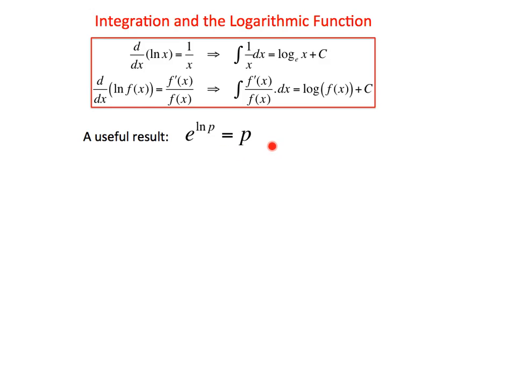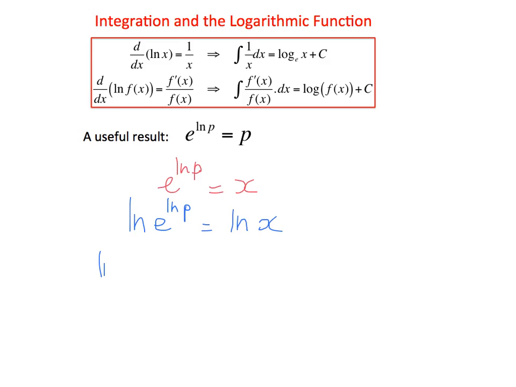Now here's another useful result, e to the power of log p equals p, and I'll show you why that is true. Let's let the left-hand side, e to the log p, equal x, and then we'll try and prove that x equals p. If we take the log of both sides, and when I say log I mean the natural log, then using the third log law, you can bring the power down the front.